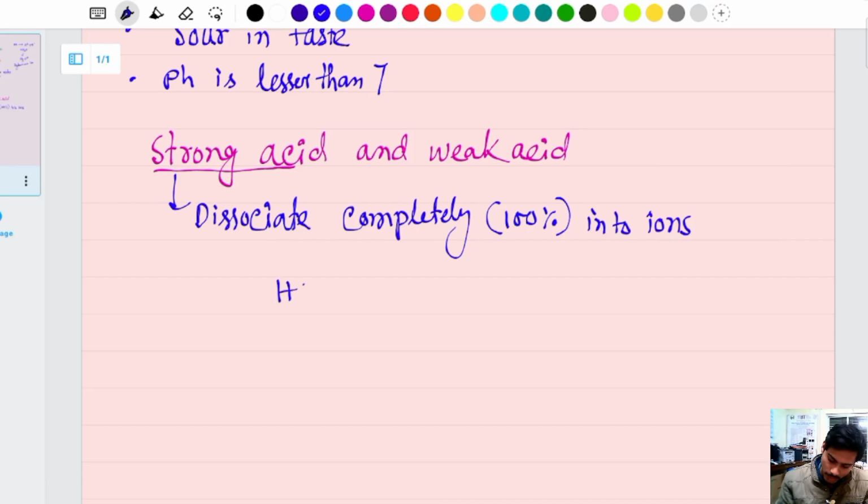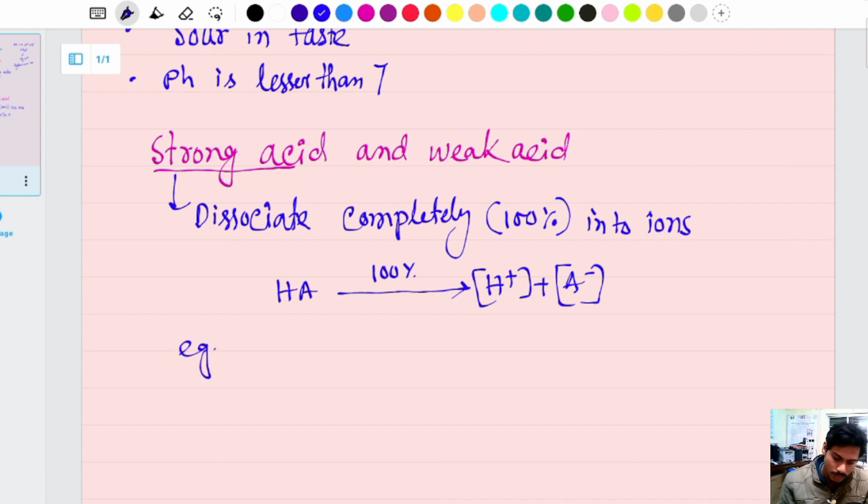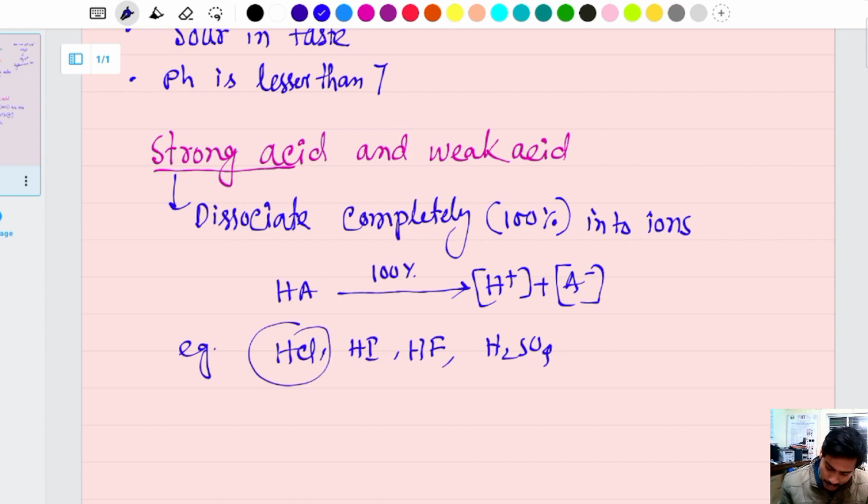So like HA, if it dissociates 100%, it will be H plus and A minus. Examples are HCl, which is in the biological system, also HI, HF, along with H2SO4, but HCl in the biological system.